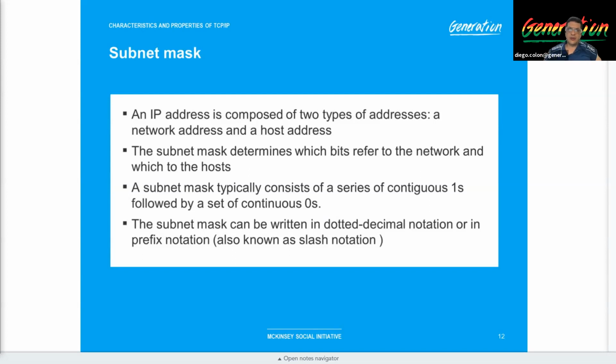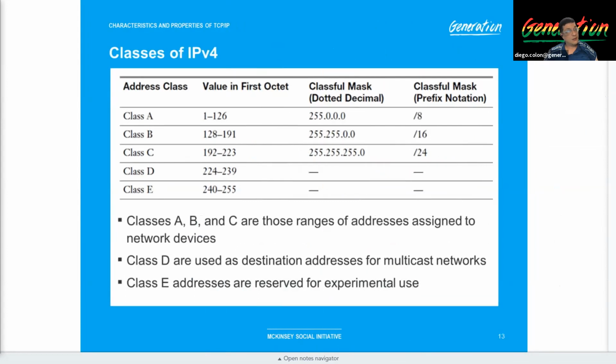So you'll usually see 255.0.0.0, for instance, for any default class A address, or 255.255.0.0 for any B. And lastly is the C, which is 255.255.255.0.